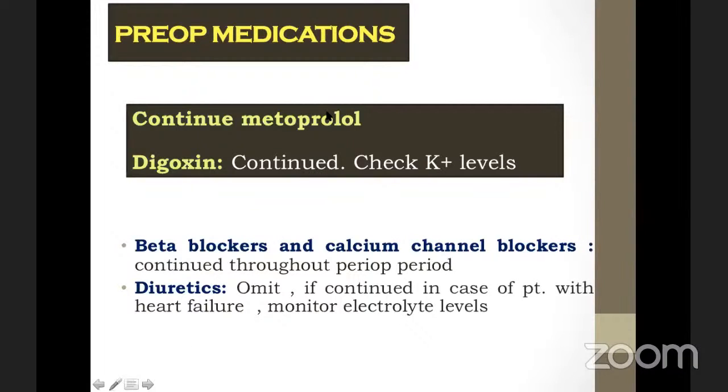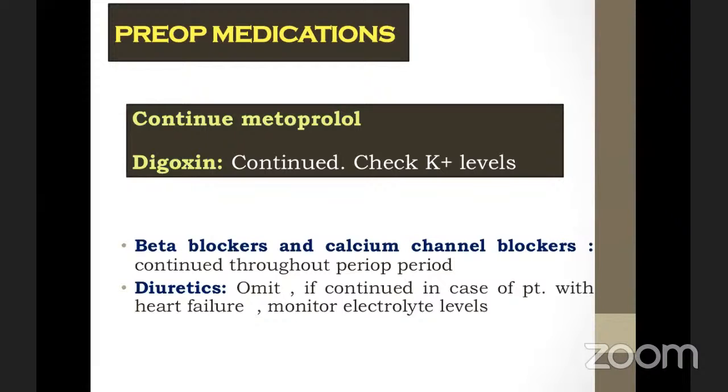Obviously you have to continue the metoprolol, and digoxin again you have to continue, but at the same time check the potassium level. If the potassium level is fluctuating, either you can supplement the potassium, or you can omit the morning dose of digoxin, because it is a long acting drug. Some patients are on beta blocker or calcium channel blocker, and you have to continue these drugs throughout the period.